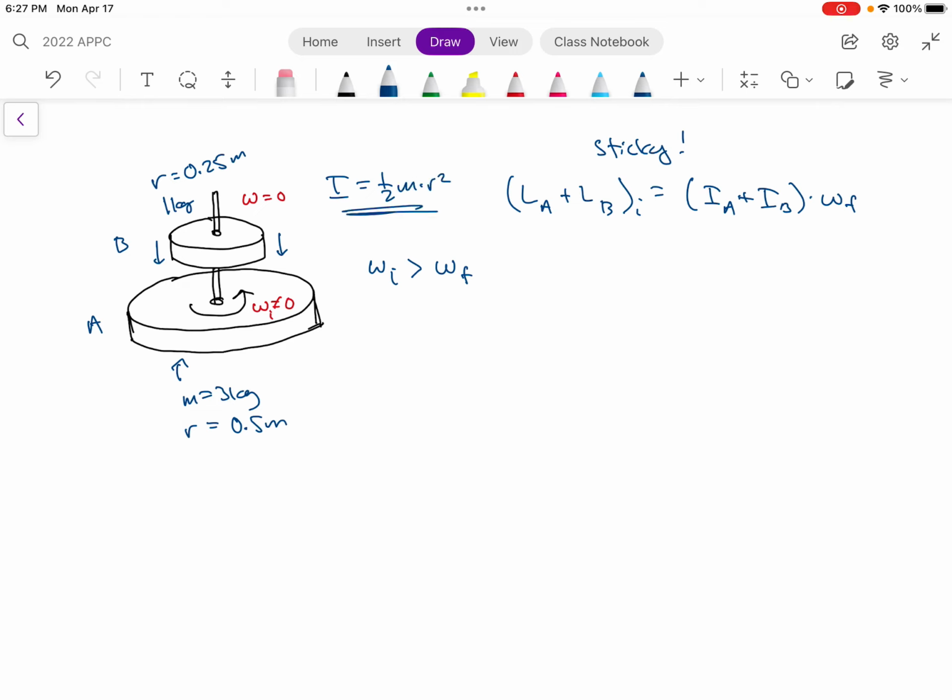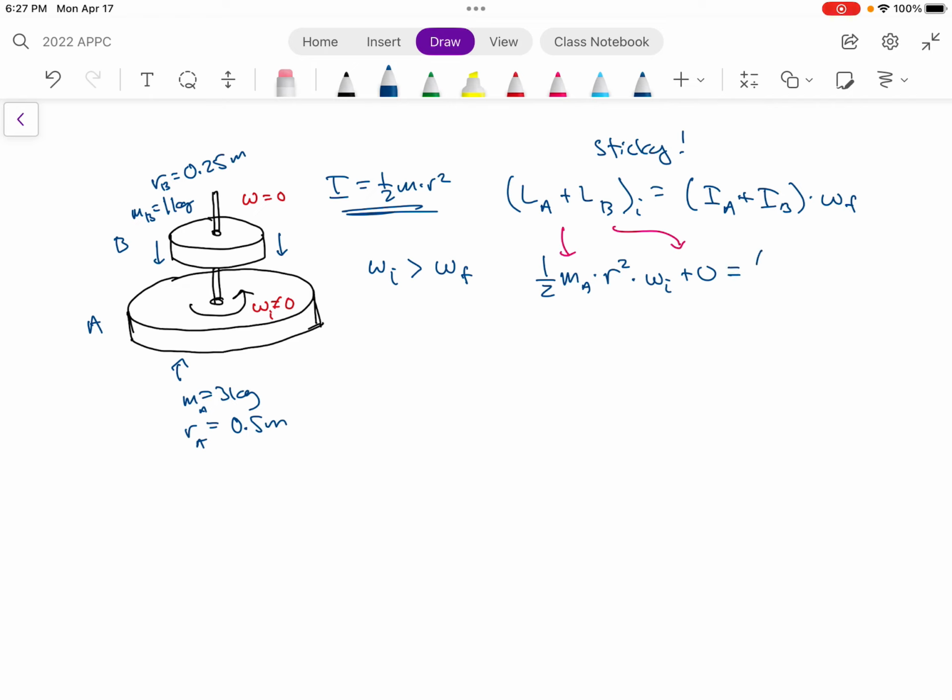So for LA, the angular momentum of object A, I would have 1/2 its mass, which I'll leave as MA for right now, times its radius squared, RA squared, multiplied by its omega I, plus 0 for B. I'm going to put some color in here to denote which is which.